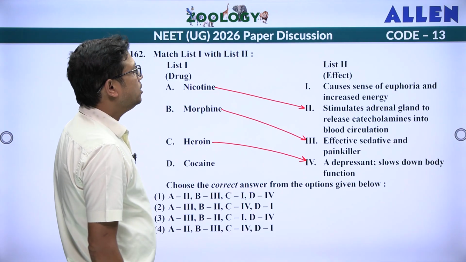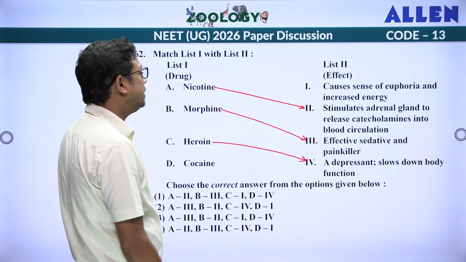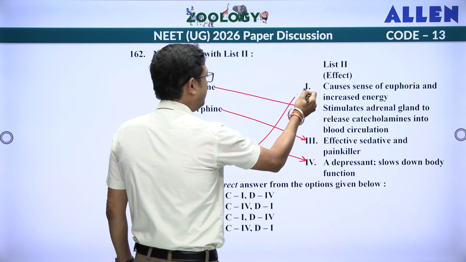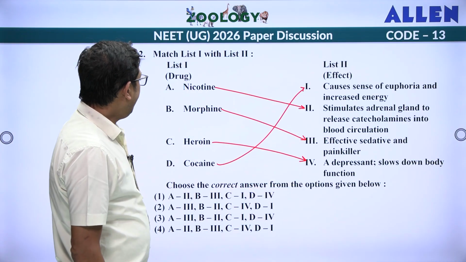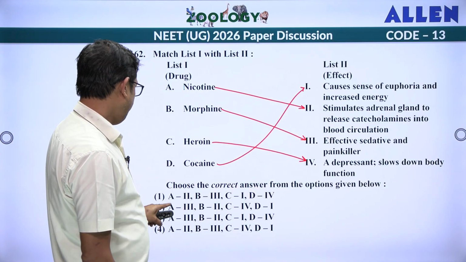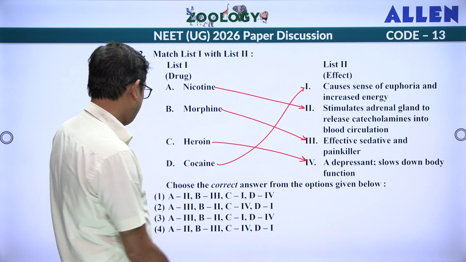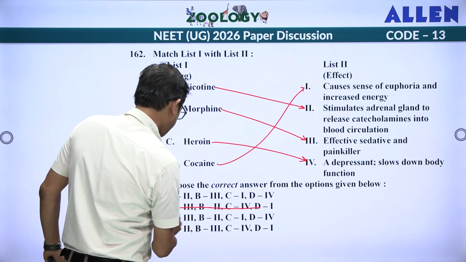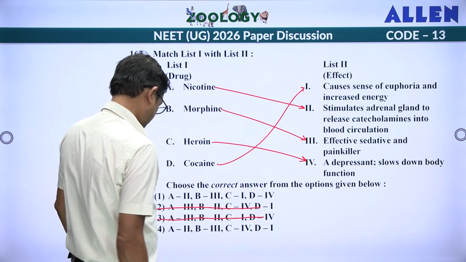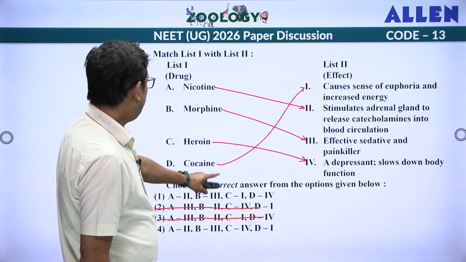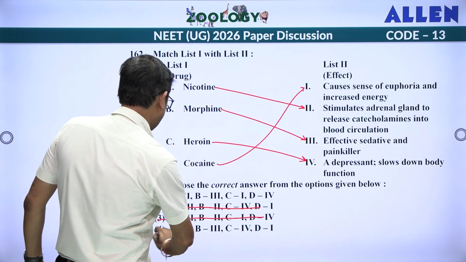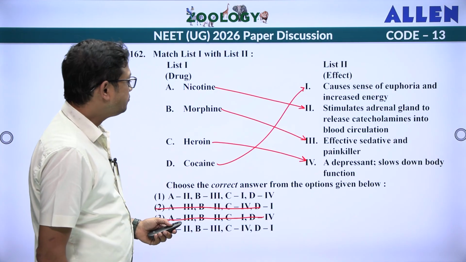And cocaine causes the sense of euphoria and increased energy. Okay, so answer is A 2, B 3. Eliminated, eliminated. C is 4. So answer is fourth one.